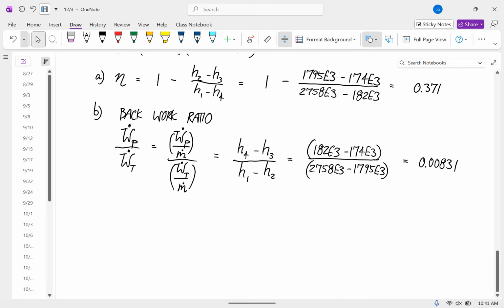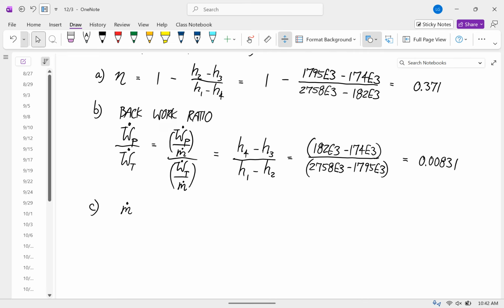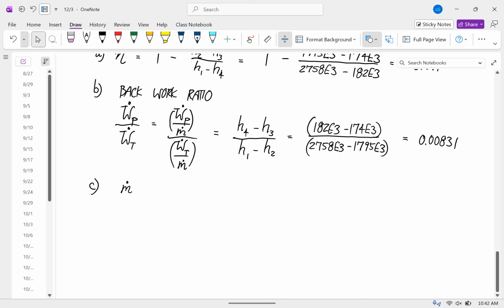Okay, the next one we want is the mass flow rate. So how are we going to get this? Well, we know that the net power, that is the rate of work produced by the turbine minus the rate of work that's spent by the pump. We're given that that is equal to 100 times 10 to the 6.